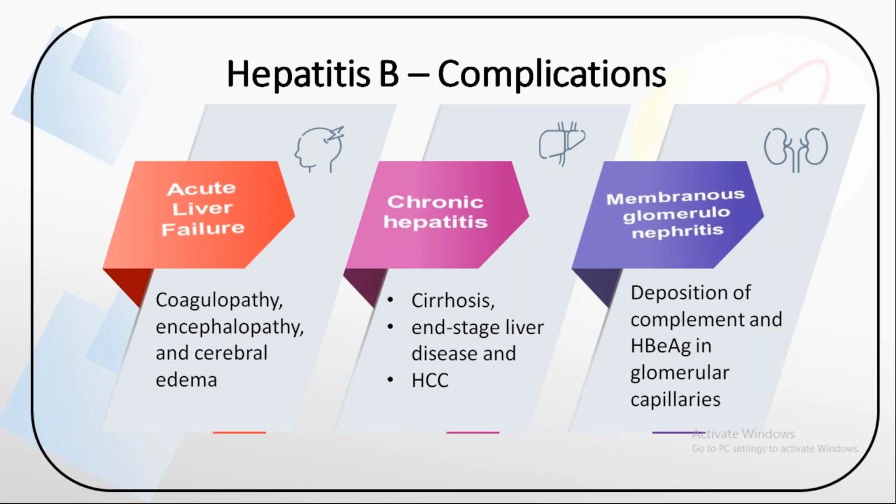There is membranoproliferative glomerulonephritis. All of you are familiar with this nephrotic syndrome type of presentation post-viral infection. It is notorious for hepatitis B surface. Complement is diminished in these conditions. So these are the notable complications of hepatitis B.